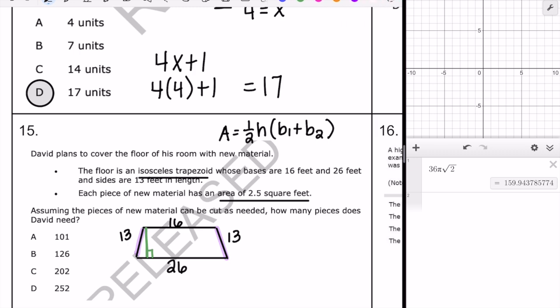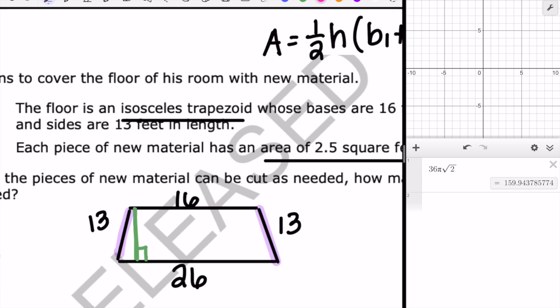So I know from here to here, because this is a height as well, right? We know that that's 16. So if I subtract 26 minus 16, I'm left over with 10. Well, that means this is the same and this is the same. So if I divide 10 by 2, that's going to give me 5. So I now know that's 5.